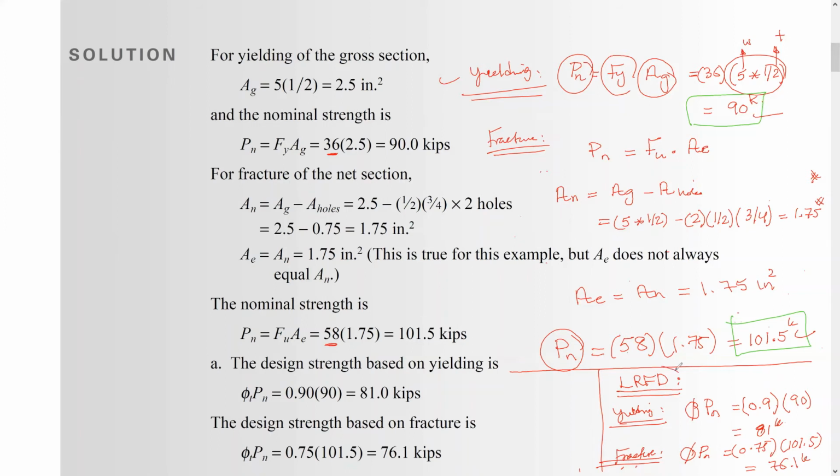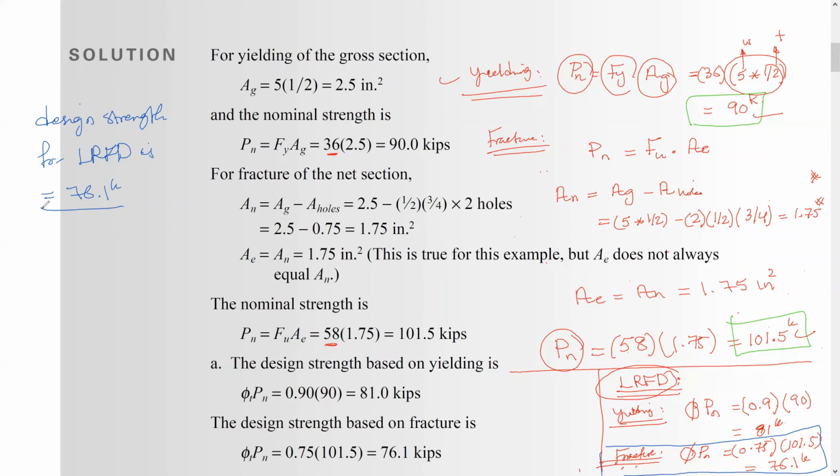So for the LRFD method, which one is the design strength? Which one should we pick? For sure, we will pick the smallest one, which is based on the fracture. So the design strength for the LRFD method is equal to, let's say, 76.1 kip. So the load you want to carry must be less than or equal to 76.1 kip.